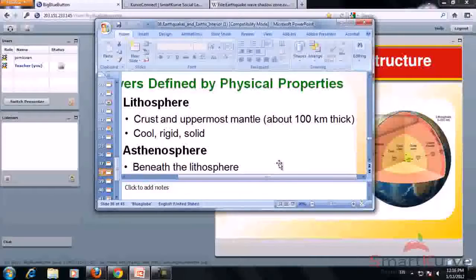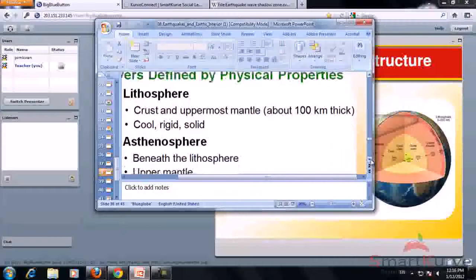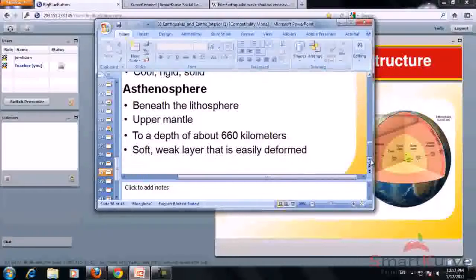Slide 38, we're looking again up at the top, the lithosphere and the asthenosphere. We've talked about those. The lithosphere, that's the crust and the upper mantle. It's rigid, it's solid. Those are those solid plates moving around. The asthenosphere, that's that liquid rock. It's weaker, it can be deformed.